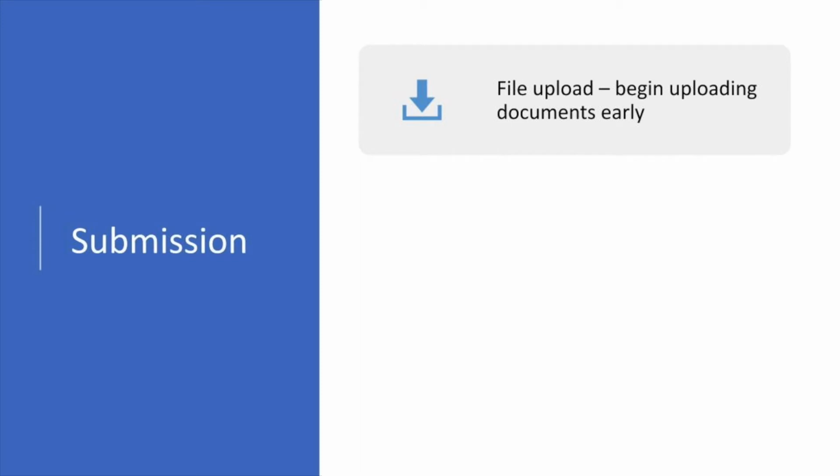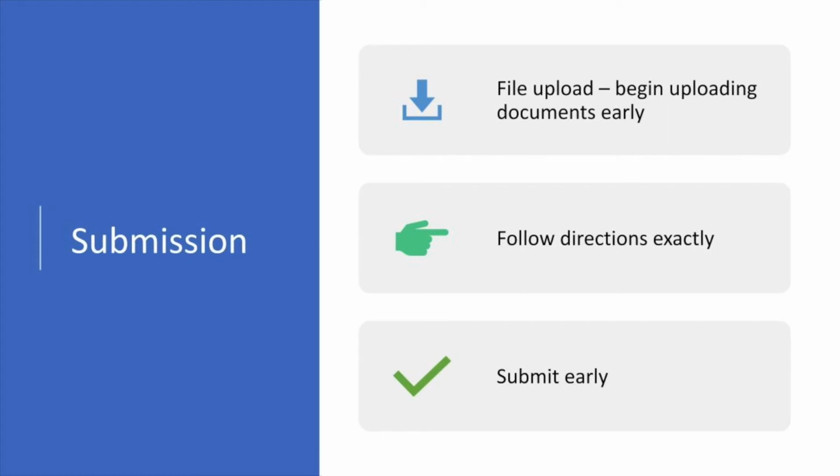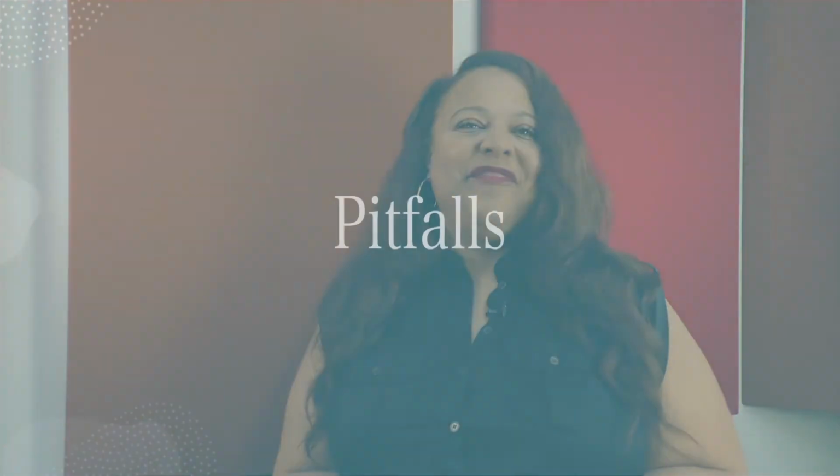The next piece of advice that I can give you is to follow the directions exactly as they're written. The last thing and most important thing, and a golden rule that I live by, is to submit early. Do not wait until the last day to submit. Also, make sure you understand when maintenance can happen on the grants.gov website. Make sure it doesn't fall when you need to actually submit.